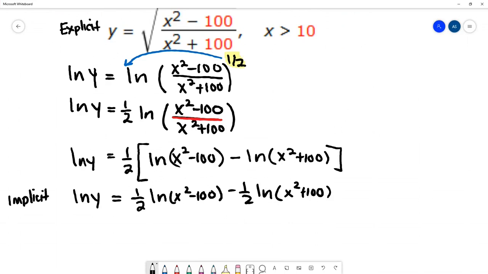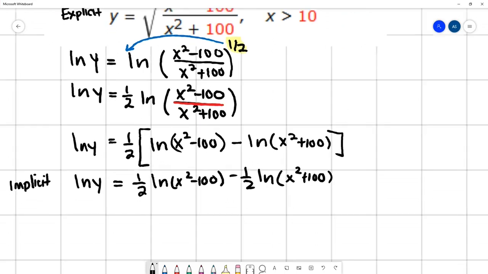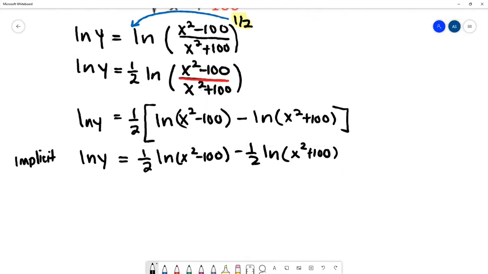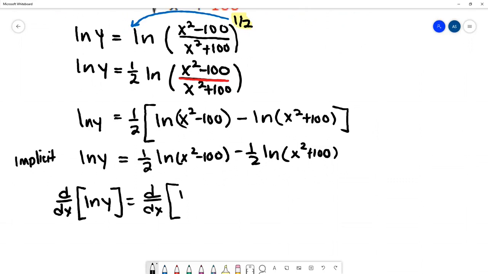If your equation doesn't have y equals or one variable in terms of the other variable, then we need to use implicit differentiation. I'm going to calculate the derivative with respect to x on the left, giving natural log of y. I'm going to calculate the derivative with respect to x on 1/2 natural log of x squared minus 100 minus 1/2 natural log of x squared plus 100.